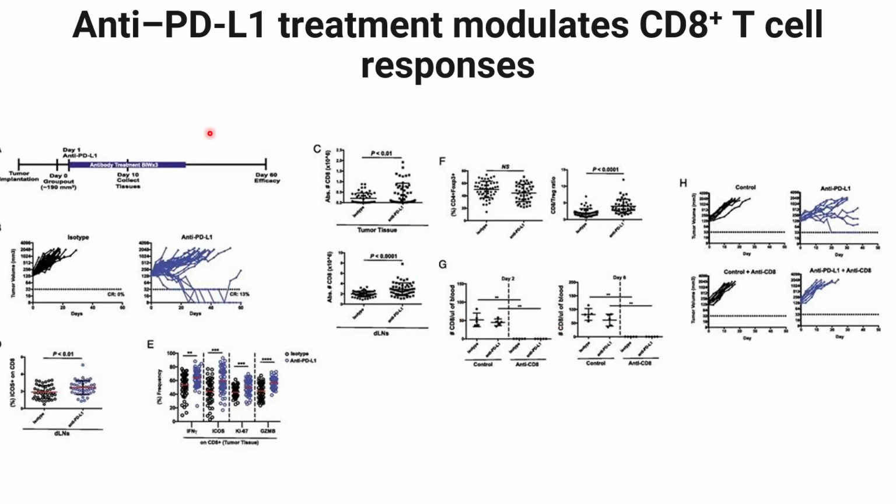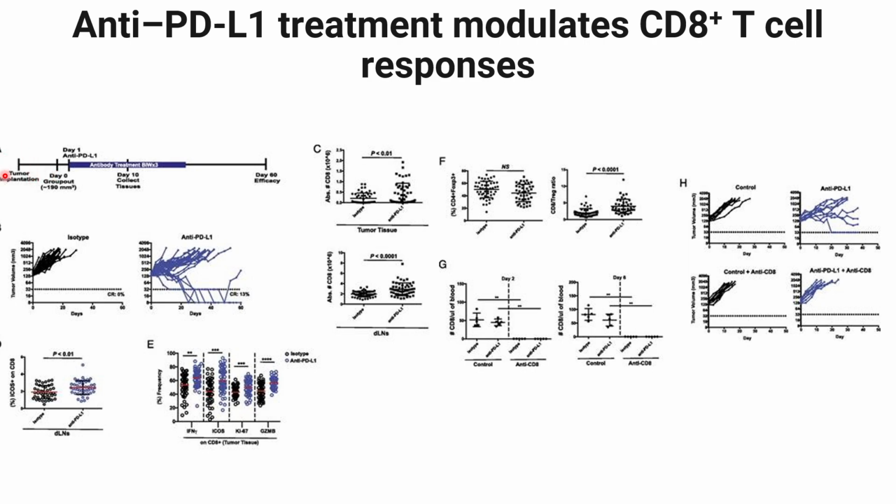So let's first understand what this paper talks about. The first thing the paper does is check how immunotherapy modulates these T cells. For this purpose they have used mouse models, and this is the experimental structure, how they performed the experiment.